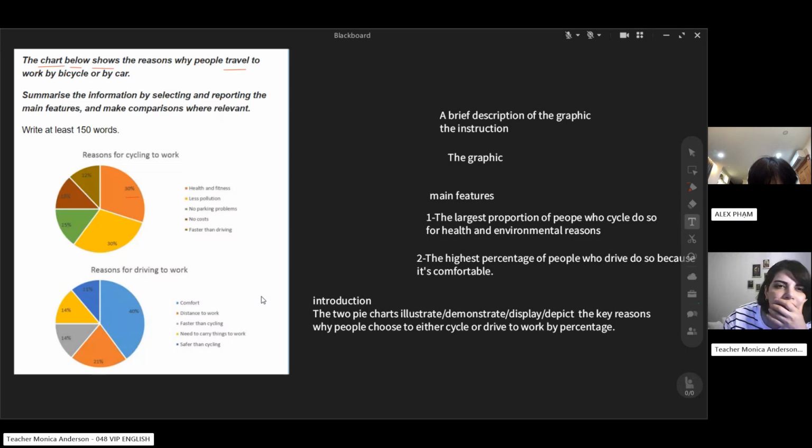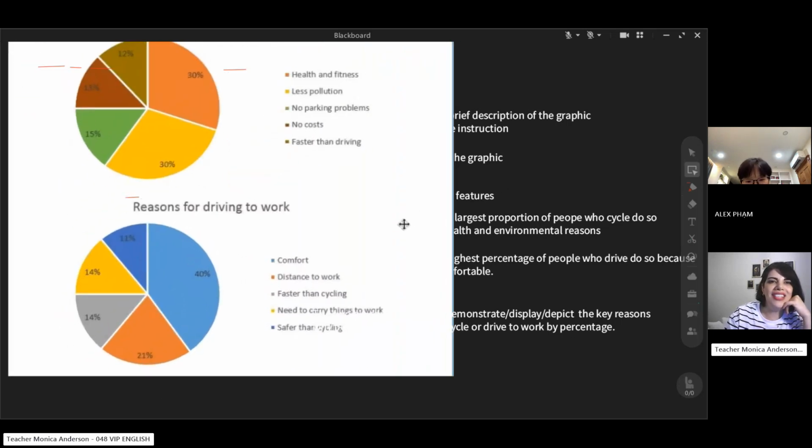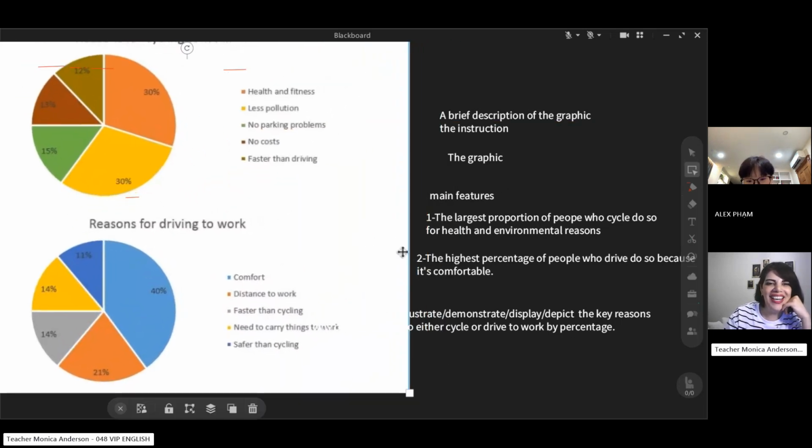Oh no, I can't actually see the numbers. Let me adjust the picture. Okay, how about now? Is it better? I can see some numbers, like the same percent.